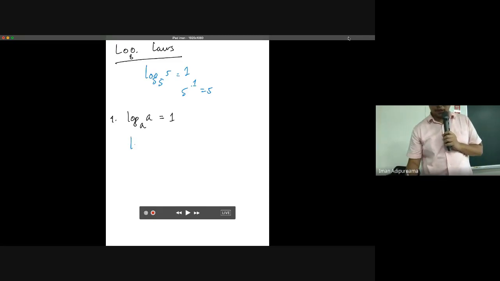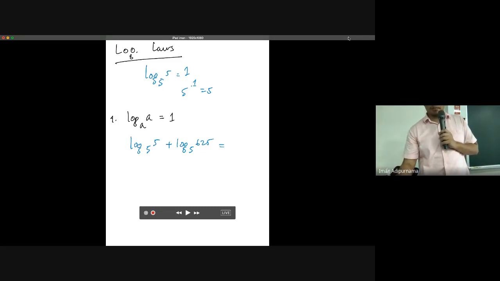And for example, if I have log base 5 of 5 plus log base 5 of 625, we already did 625. We can arrange this. This becomes 1, this becomes 4, and this becomes 5, right? Should be.